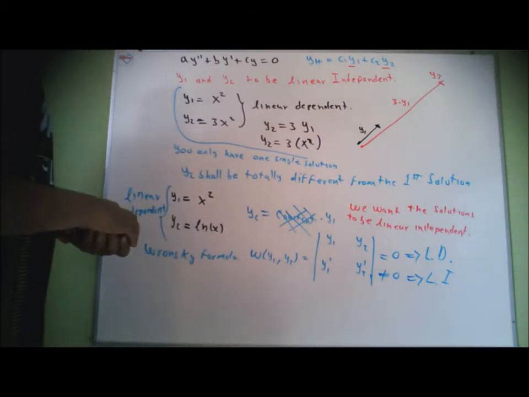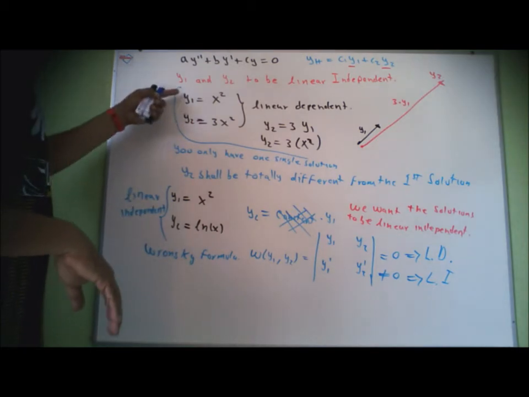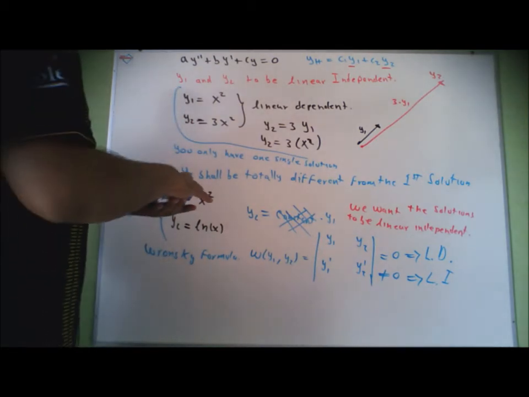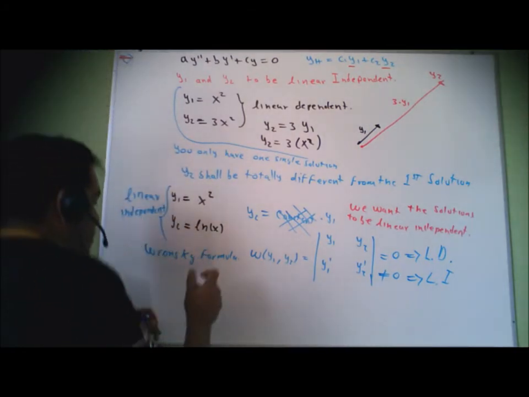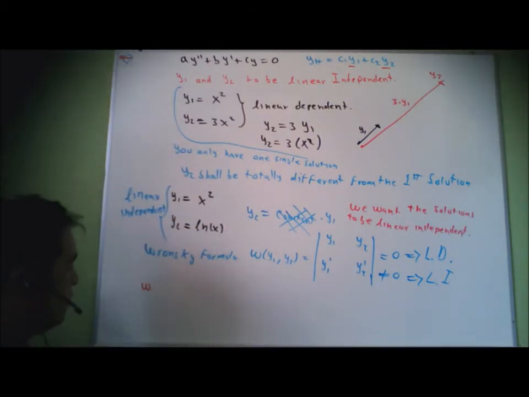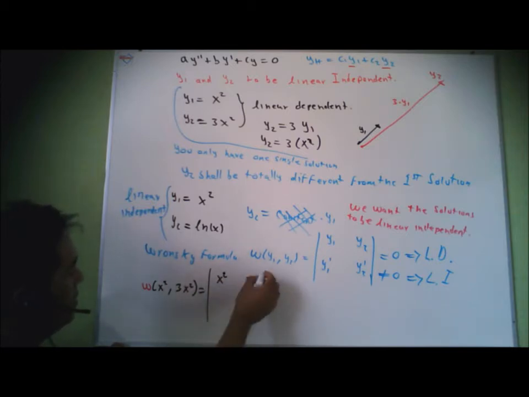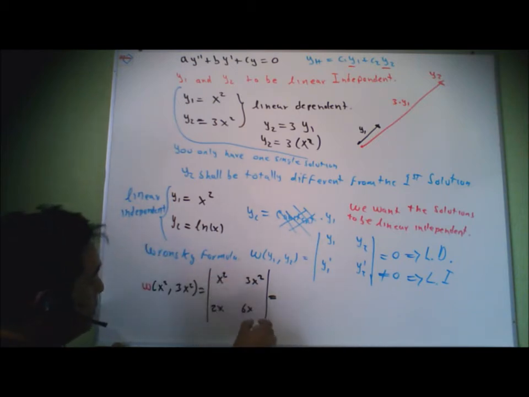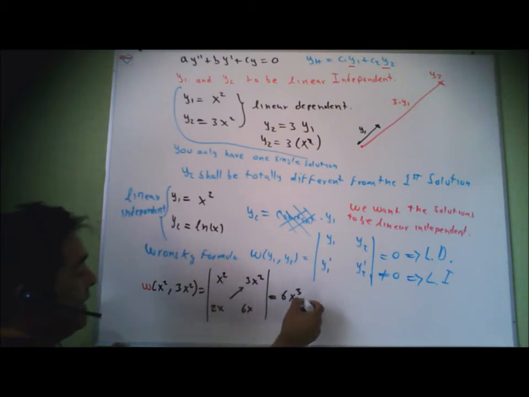Now let's test the two that are linearly dependent. The Wronskian of x squared and 3x squared is the determinant with x squared and 3x squared in the first row, and their derivatives, 2x and 6x, in the second. So this times this is 6x to the power of 3, and the other product, which is subtracted, is 2 times 3, 6x to the power of 3.